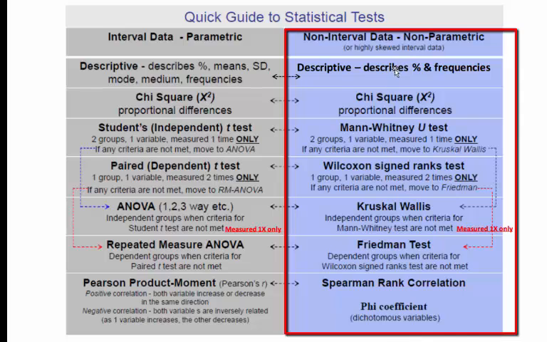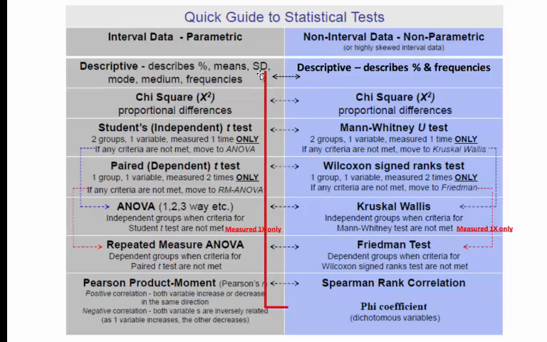So these are anything that is ordinal or ranked variables. These are always the dependent variables we're talking about, or highly skewed interval data. And notice the line in between, such that for every parametric test listed here, there is a corresponding non-parametric test. The only difference is the level of data.